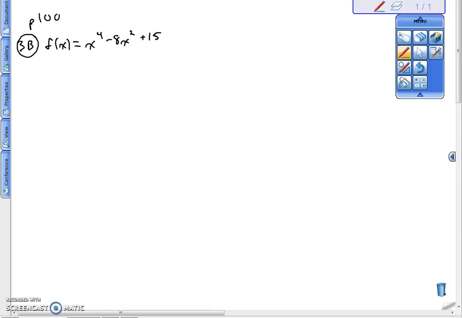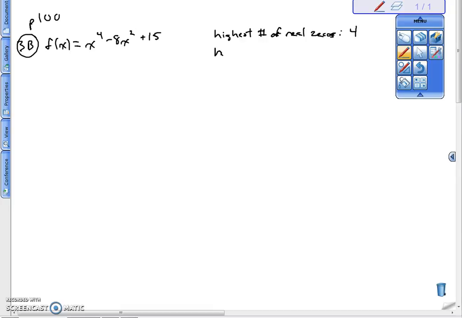And a lot of that will come from this leading term, x to the fourth. If you remember, the last thing that we said is that any polynomial function is going to have at most the number of real zeros as the degree, and at most one less turning point than that. So our highest possible number of real zeros is going to be what? 4, because that's the degree, right?